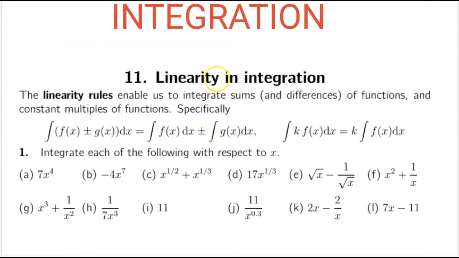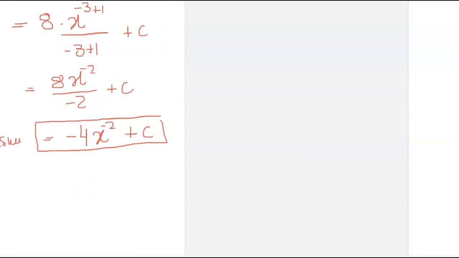Now, what if we got a case like this, x cubed plus 1 over x squared? You know how to integrate the first one, but if we got something like x to the 5 plus 1 over x to the 4, how do we integrate?